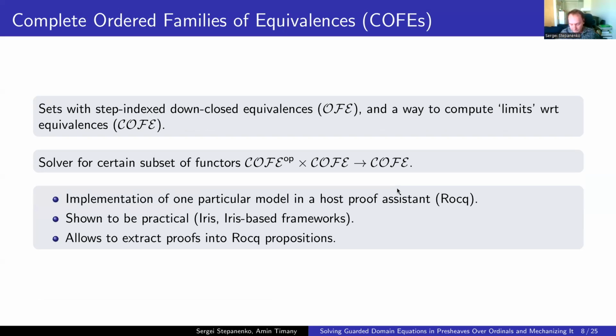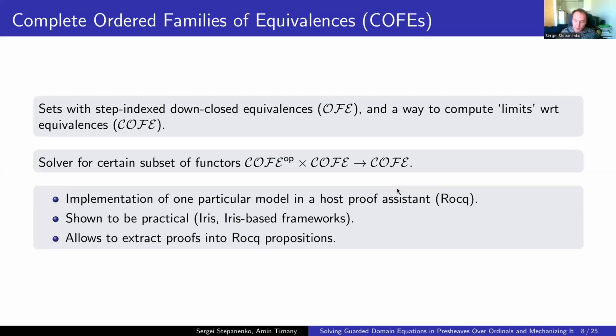And you can also make it complete by providing an operation that computes limits of chains and saying that those limits should agree up to a certain equality with the value in the chain.